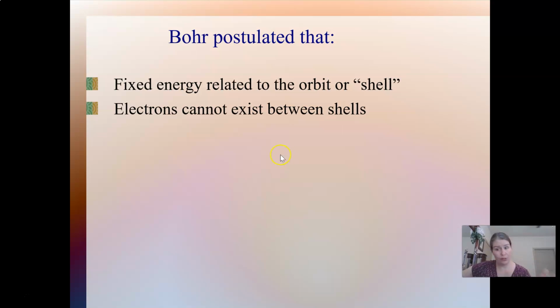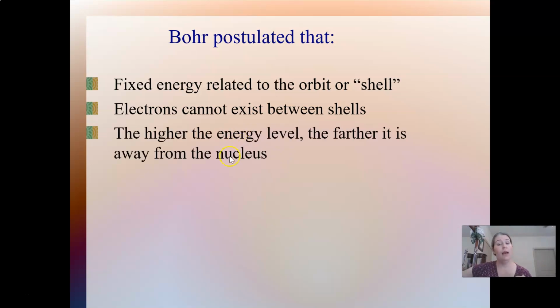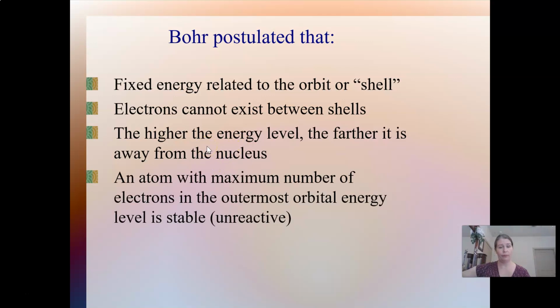So there's no floor 2.5, it's either 1 or 2. The higher the energy level, the farther it is away from the nucleus. And Bohr postulates something here to explain the relative inertness of noble gases and ions: that an atom with the maximum amount of electrons in the outermost orbital energy level is low energy, or stable and unreactive.